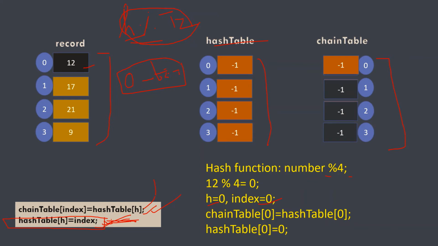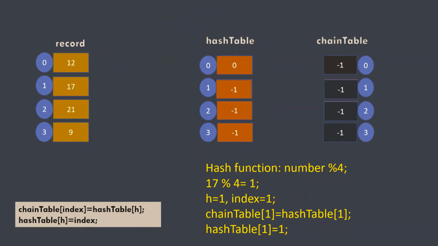Now this line of code comes into action. It is saying that at index 0 there is an entry whose hash value is 0. It is true. At index 0 there is an entry, 12, whose hash value is 0, because 12 modulo 4 is 0.